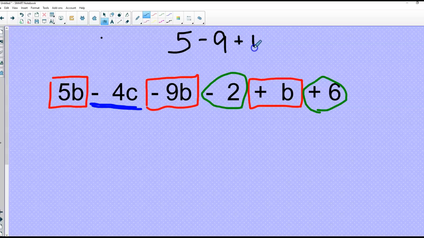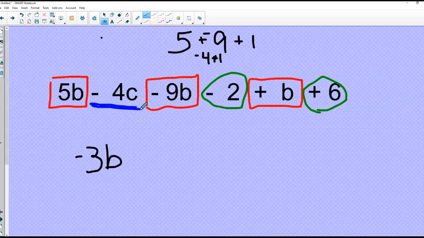So plus 1. So there's the problem I need to solve. 5 minus 9, if I do leave change opposite, I would get a negative 4. And then I have to do negative 4 plus 1. So all of those b's come out to be a negative 3b.